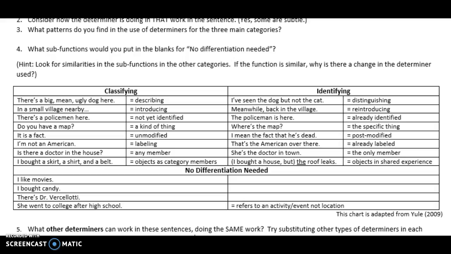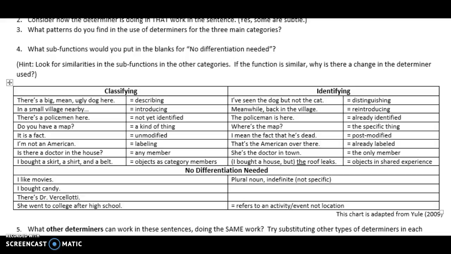We can contrast that with I like the movies. We could use the definite article, but when we say I like movies, it's a plural noun in that noun phrase, but it's also indefinite, meaning it's not specific. We're not being specific about which movies we mean.